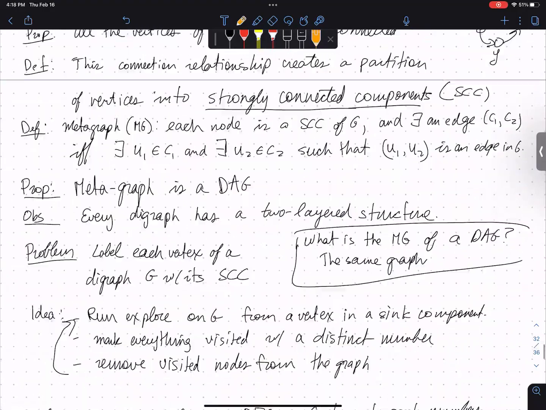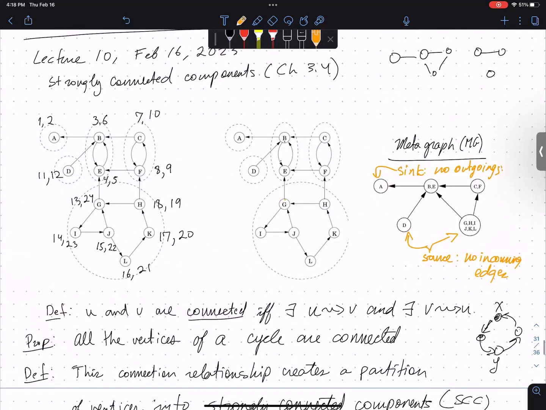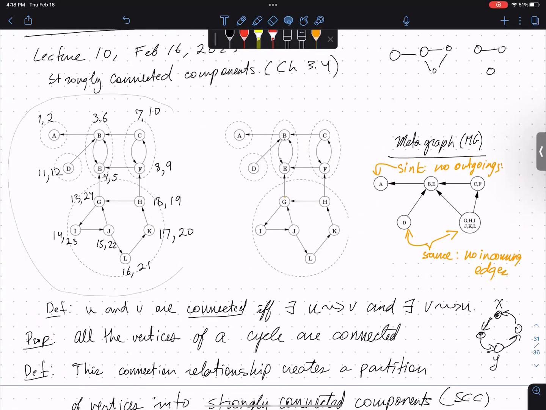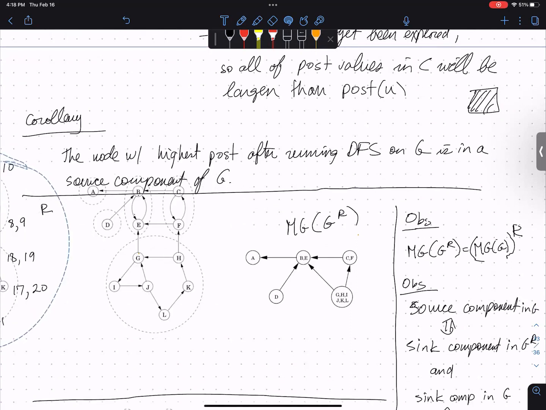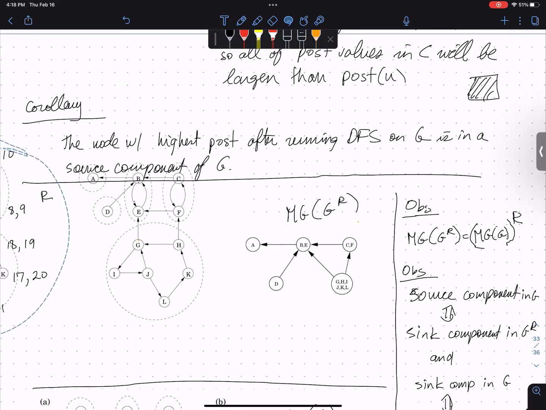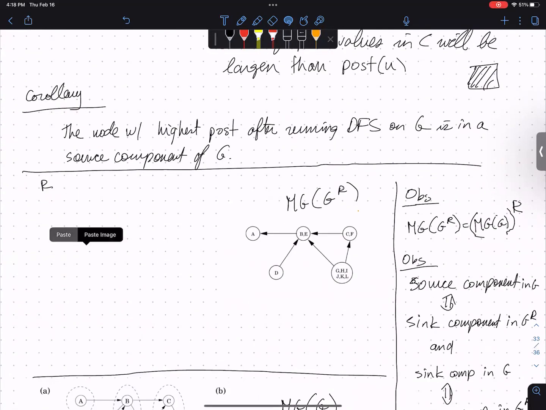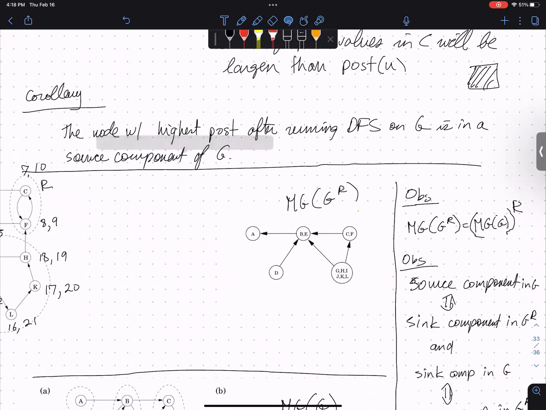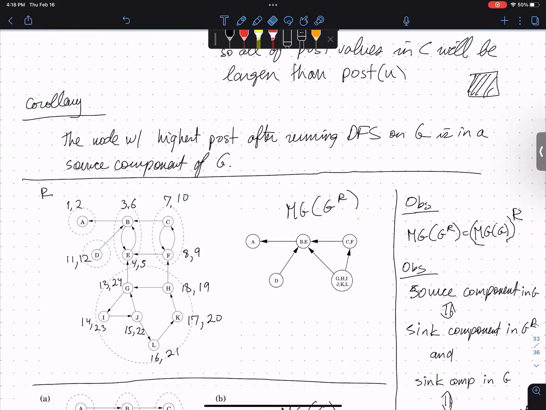Let's run the algorithm on this graph, for which we already computed the post numbers.